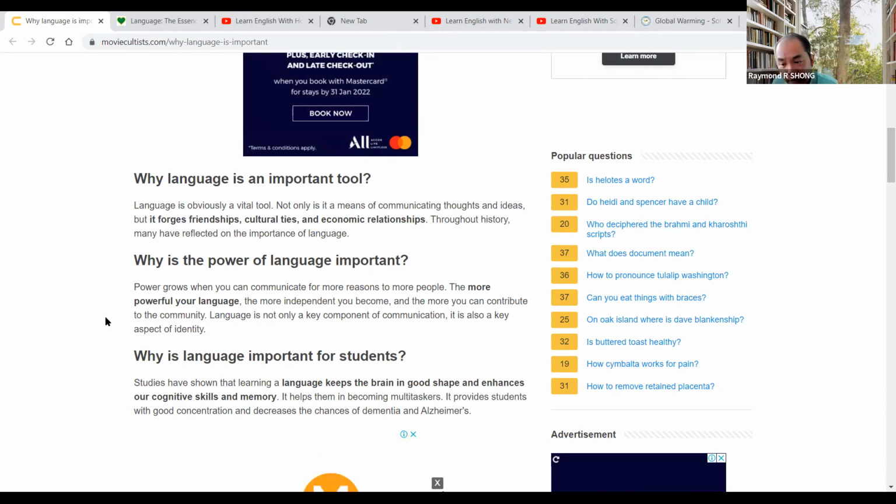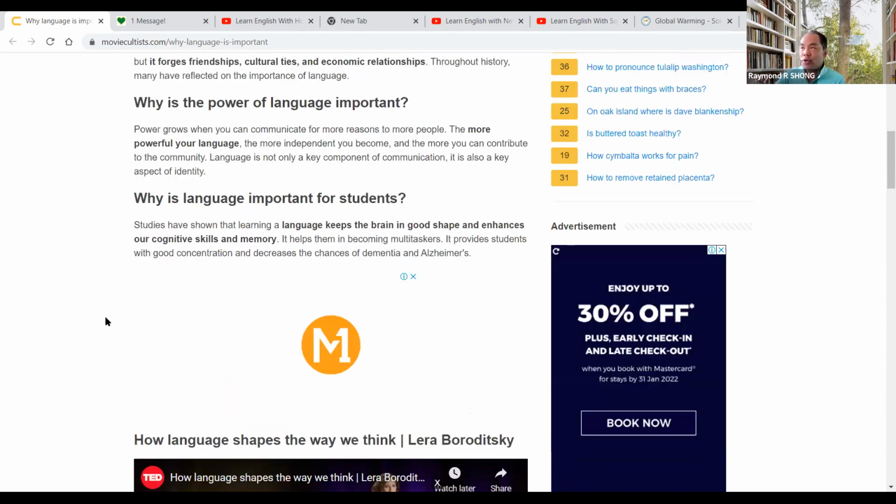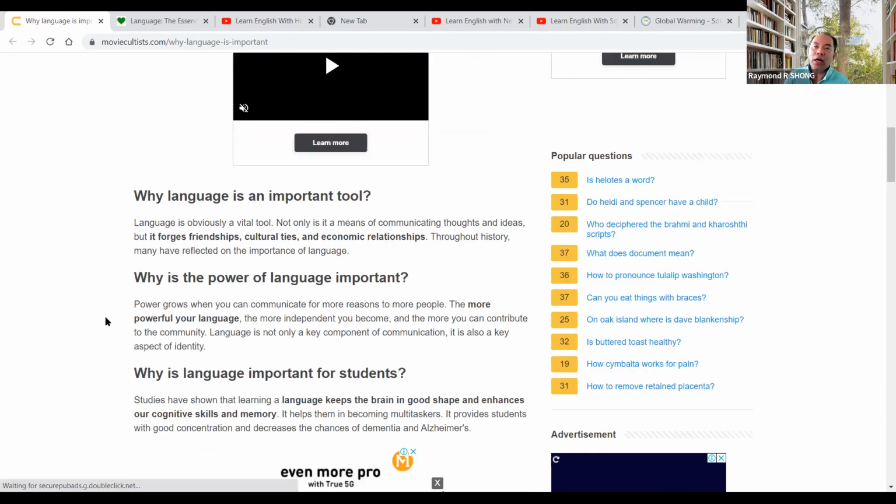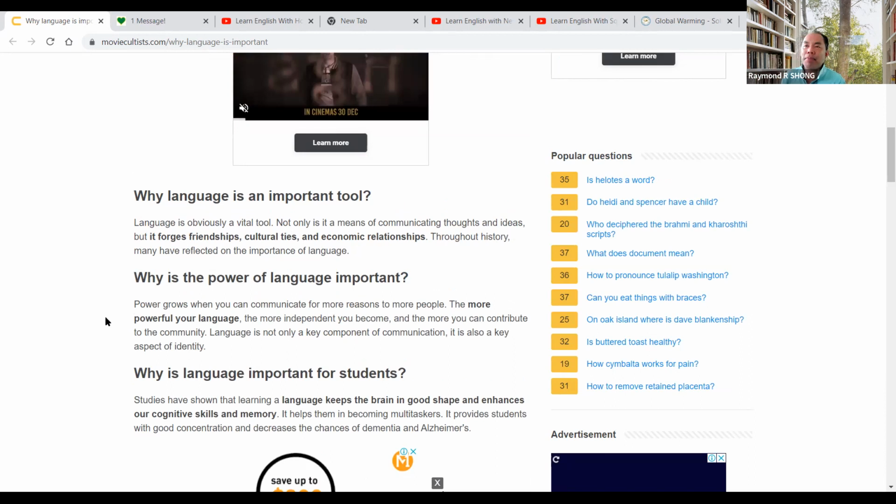Identity, exactly. So language not only lets you talk. If let's say we look all the same like Chinese, but the moment you speak, you realize that the person who speaks Mandarin, 你好吗? I know this is from China. 你好吗? I know maybe it's from Hong Kong. 你好吗? Maybe it's from Singapore.